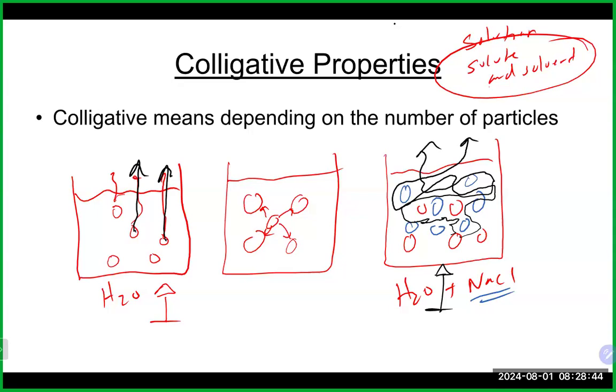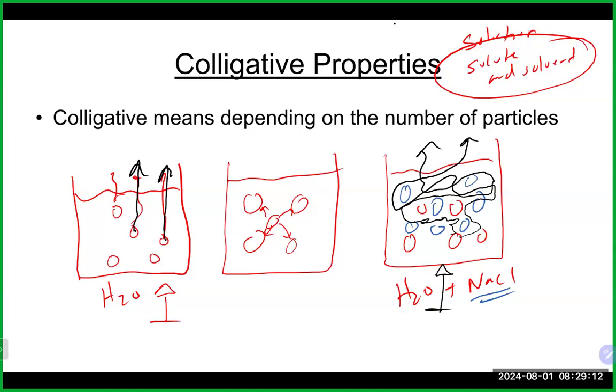And the result is it's going to take a lot more energy to escape because it's got to travel through all these other particles in its way. The result of that, as we will see, is when you dissolve some type of substance in water and go to boil it, the boiling point will actually elevate because it will take a lot more energy to get it to escape.